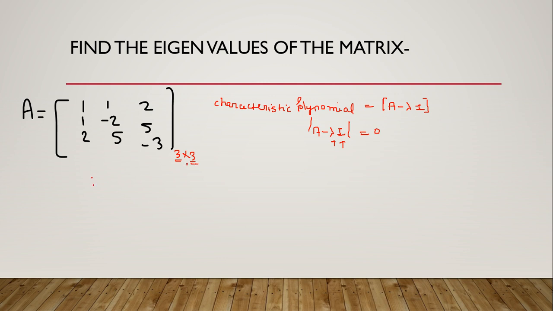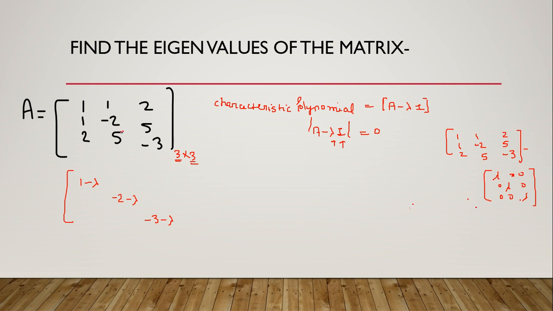Okay, let's get started. So A minus lambda I means 1 minus lambda, minus 2 minus lambda, and minus 3 minus lambda, correct? Because A is this: 1, 1, 2, 1, minus 2, 5, 2, 5, minus 3, right? And lambda I is the identity matrix of 3 by 3 order. When you multiply it by lambda, 1 times lambda will give you lambda, and all other elements will be 0.